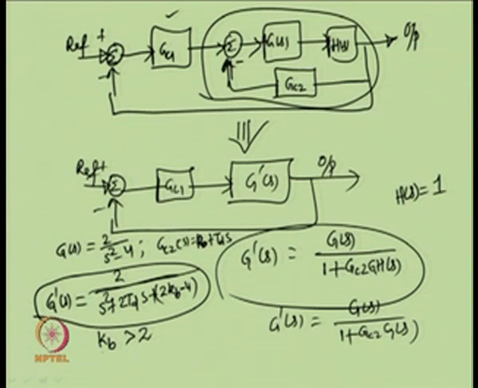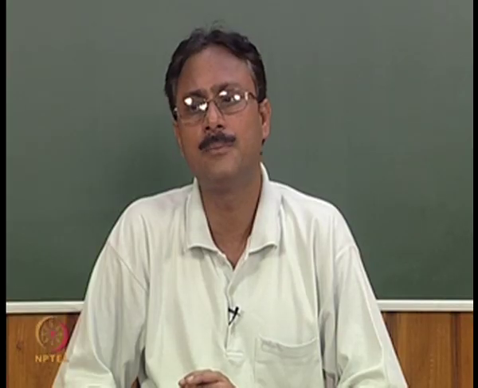So, with proper design of the control parameter KB, that means when KB is greater than 2, it is possible to locate the poles of the original unstable process G(s), which has got one pole in the right half s plane, having both its poles located in the left half s plane.